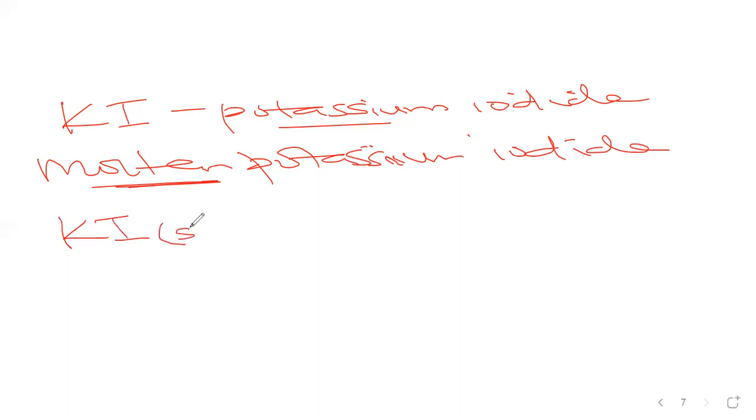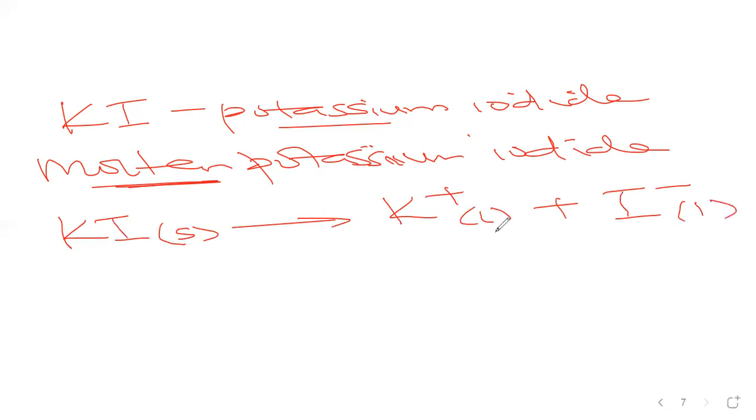It is initially solid, so when you heat it, it melts. And when it melts, these ions are in liquid form because they are ions in molten state. There's nothing like water. You just heat the solid potassium iodide to melt, to get us the potassium ions and the iodide ions. So those are the ions that conduct electricity.